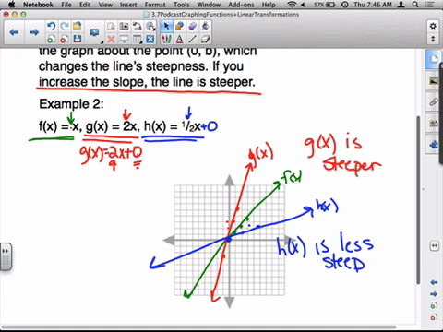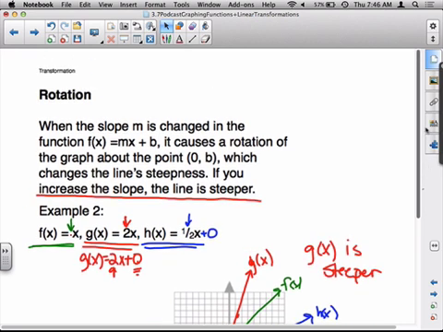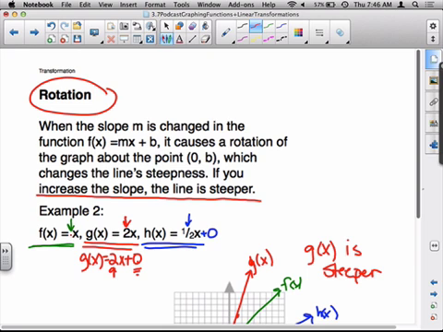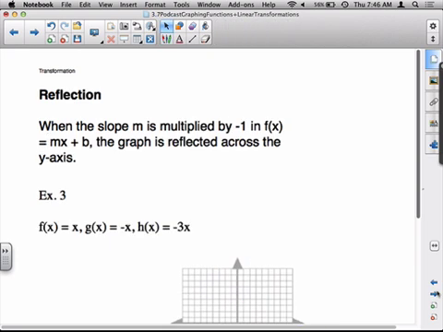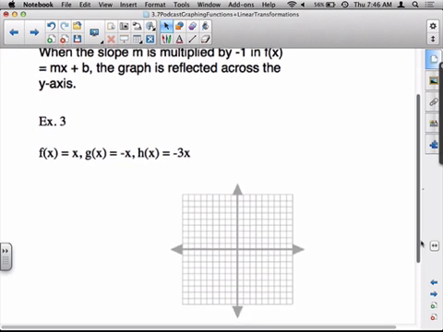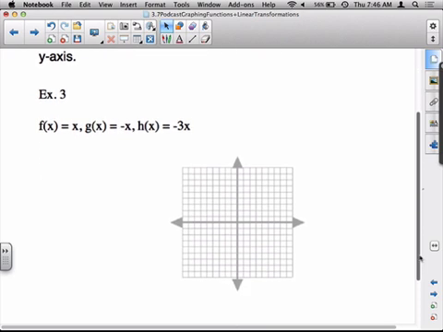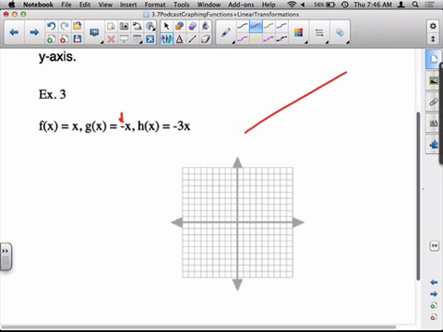So the big point is to look to see that a translation is when the b value changes, and a rotation is when your slope changes. All right. Sometimes you have a slope that changes to a negative. Now, when a slope changes to a negative, we have learned that when Joe climbs the mountain, it is a positive slope. So if Joe goes down the mountain, it is a negative slope.